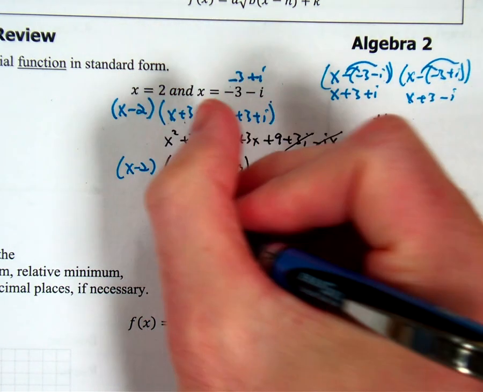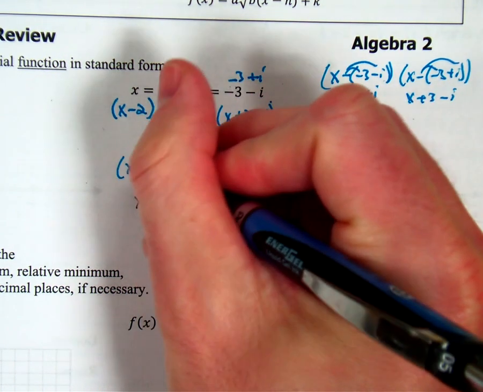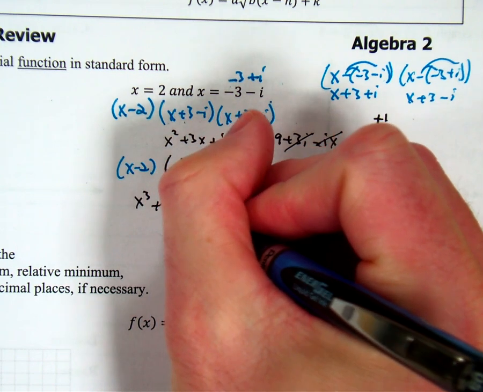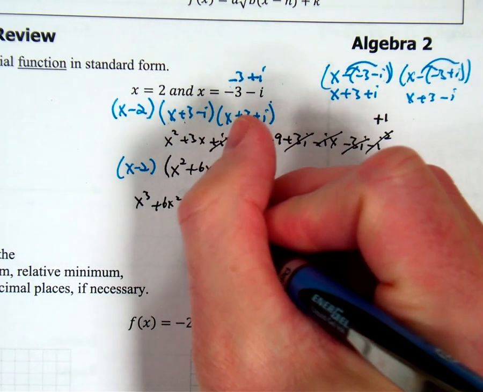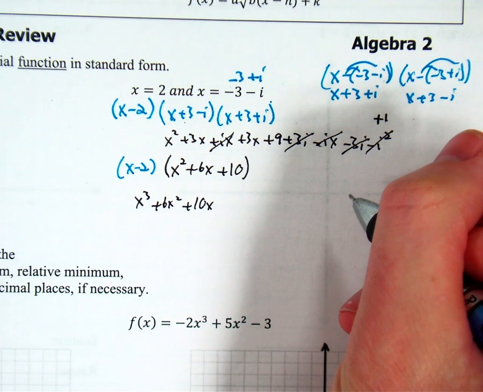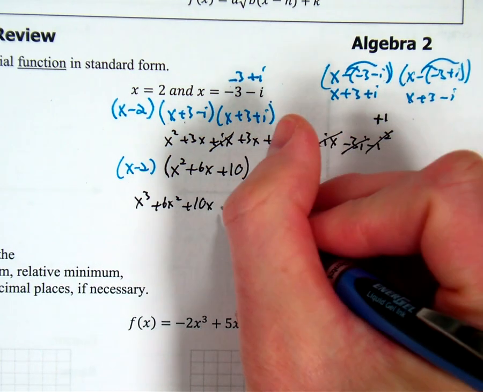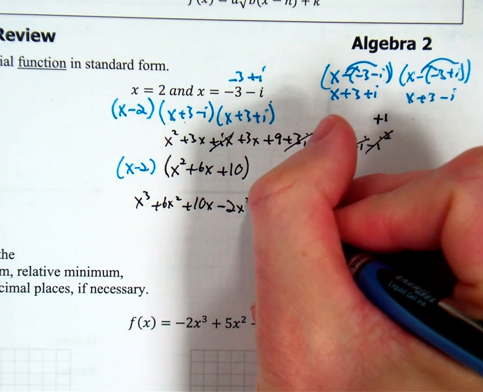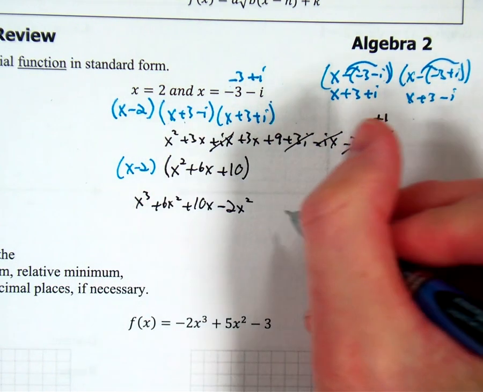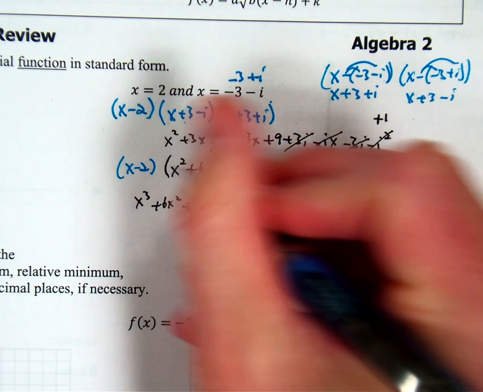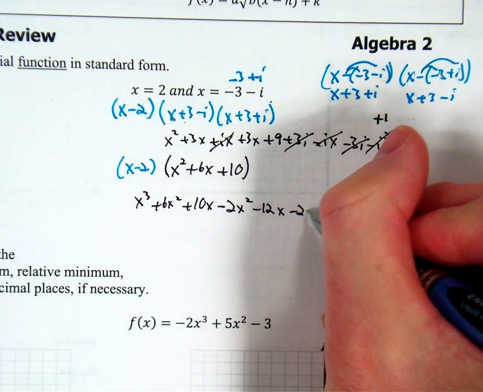Okay, x times x squared is going to be x to the third plus 6x squared plus 10x. And now we take the minus or negative 2 to all 3 things. Minus 2x squared, minus 12x, minus 20.